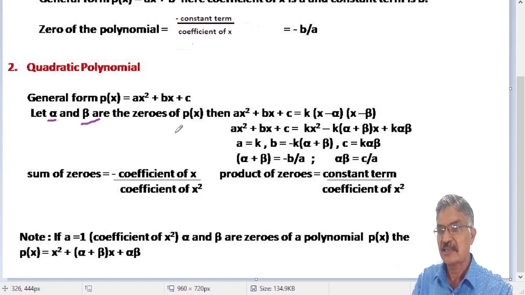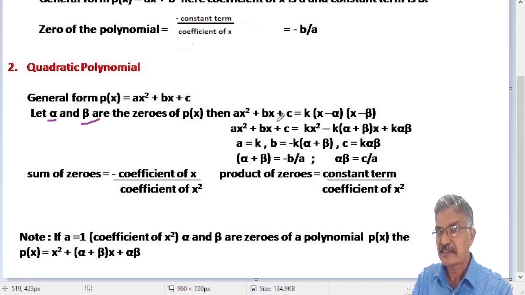Since alpha and beta are zeros of p(x), this polynomial ax square plus bx plus c can be written as k into (x minus alpha) into (x minus beta). This expression is obtained by factorization of this polynomial by splitting the middle term.